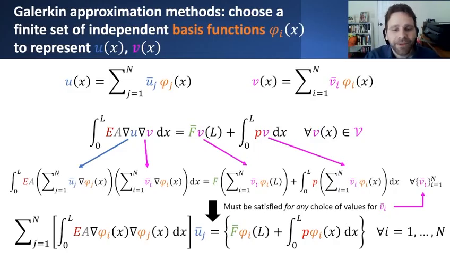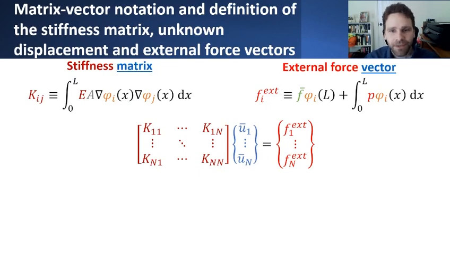All right, now that we had these n equations, we could represent them in that indexed scheme, or we could convert them into an equivalent matrix vector format as a system of equations expressed in terms of the finite number of unknown displacement coefficients u bar sub i, ranging from i equals 1 to n.